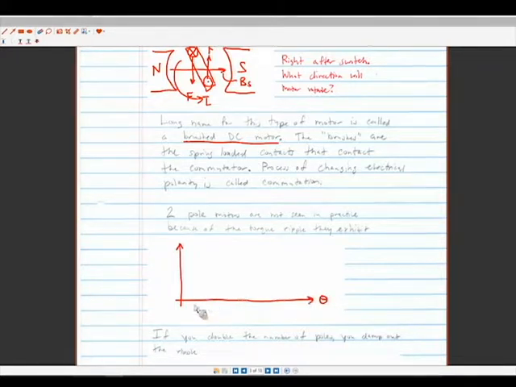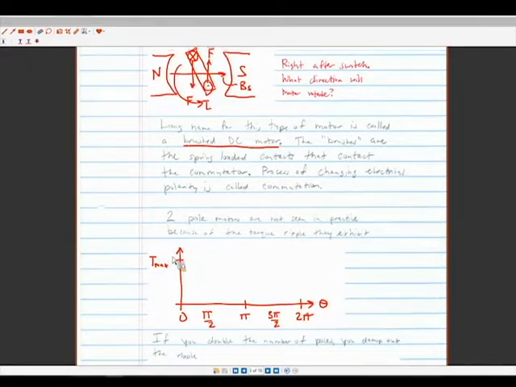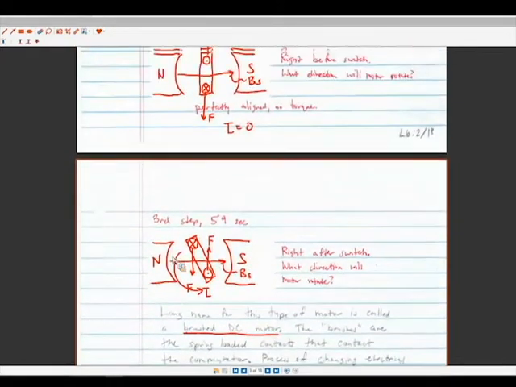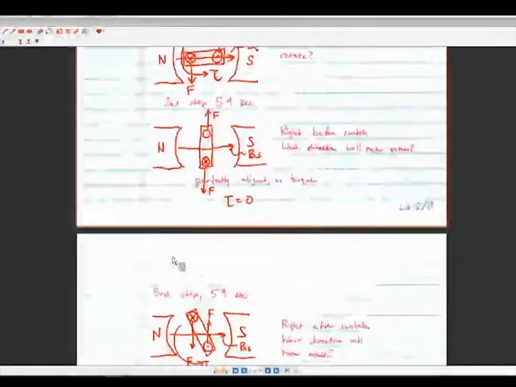This is the angle of rotation of the motor, and then we'd have 180 degrees or pi, 360 degrees or 2 pi, and then in between. Okay, so going from the orientation that we started with throughout this whole discussion, when the rotor is in this very top orientation, that's where we're going to get the maximum torque.